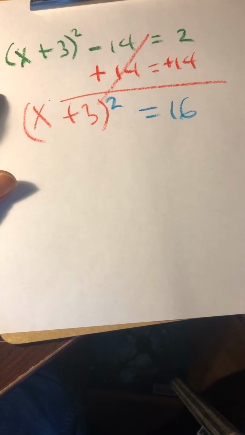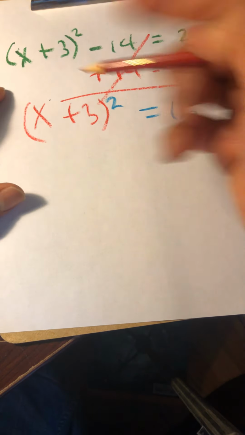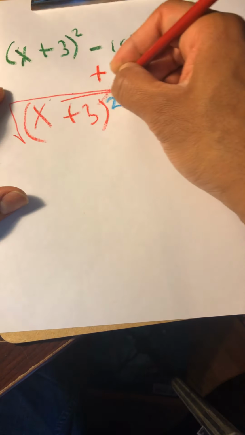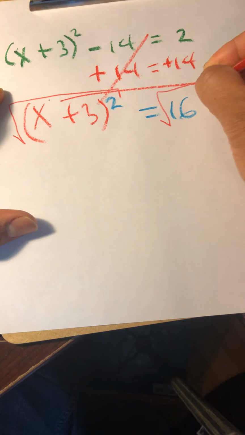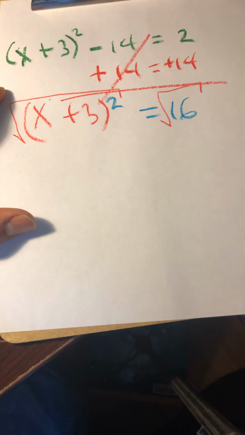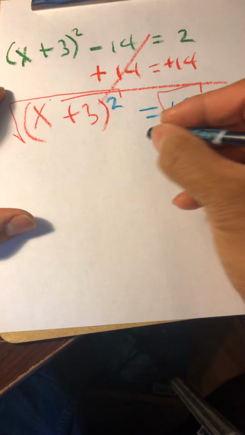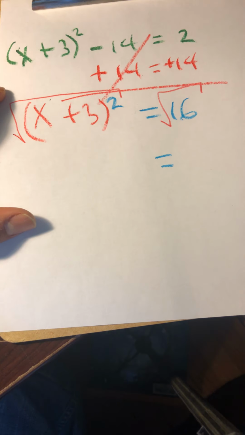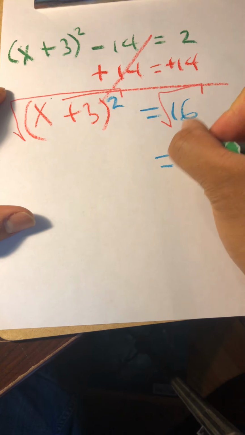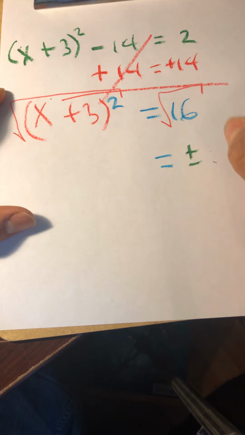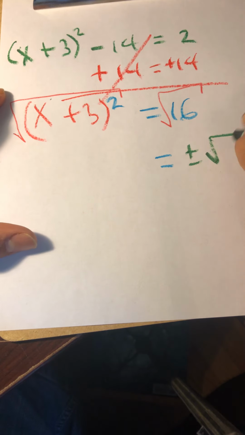Nice. Now going through the square root process, just remember that when you take the square root, you need to have in the end a plus or minus on the right.